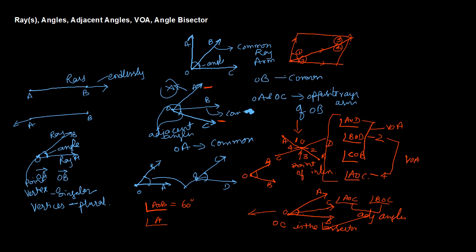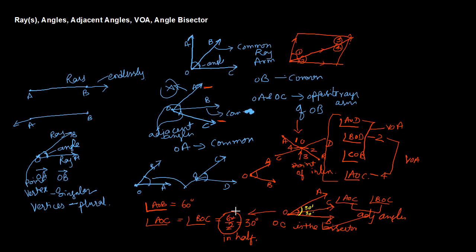Angle AOC should be equal to angle BOC should be equal to 60 divided by 2, which is 30. So both of them 30. So bisector, it is bisecting in half. So remember that, bisecting in half. So if the total angle AOB was 60, this will be 30, that will be 30.